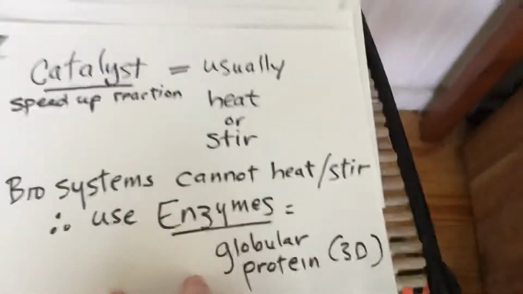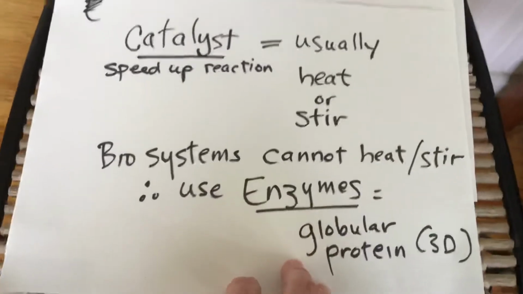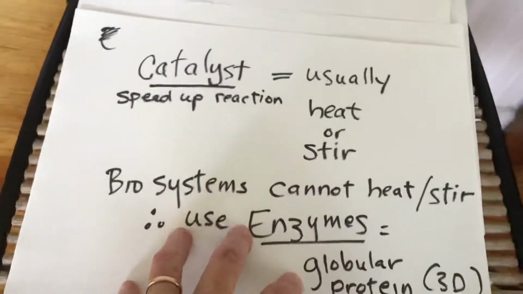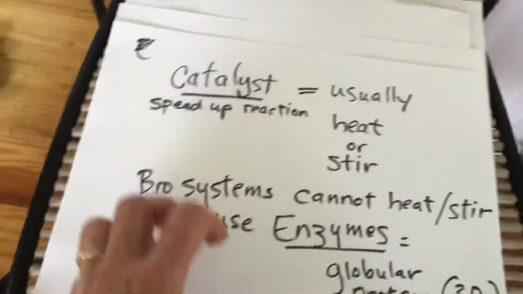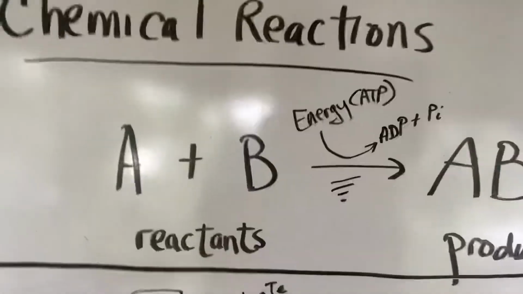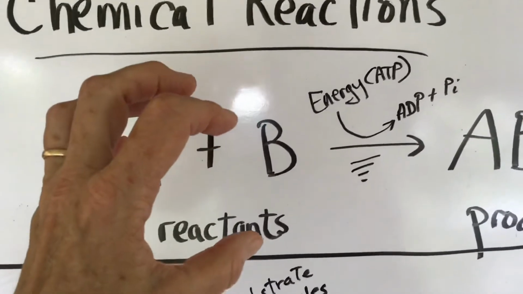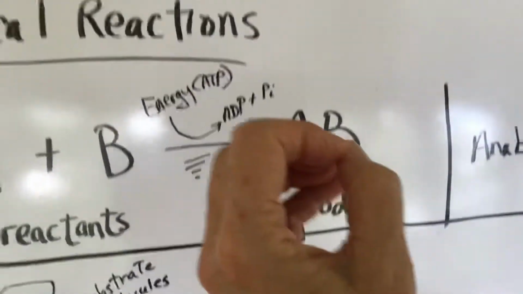Enzymes are globular proteins. They're three-dimensional structures. We've kind of alluded to them before. And an enzyme, being a three-dimensional structure, is a molecule that is going to grab the substrate molecules. Grab the reactants. In this case, they are going to be called substrate when they're interacting with the enzyme. They're going to grab these guys and help them come together.